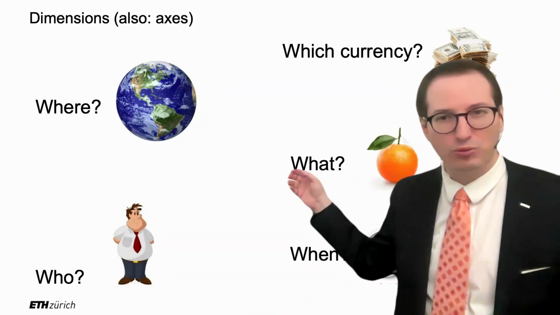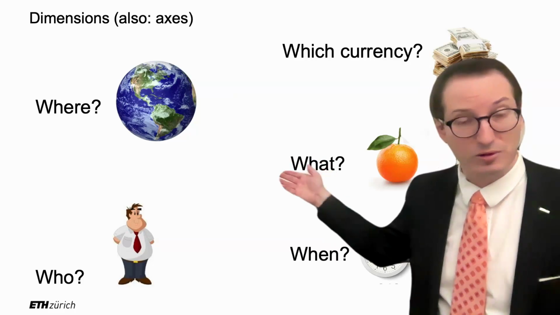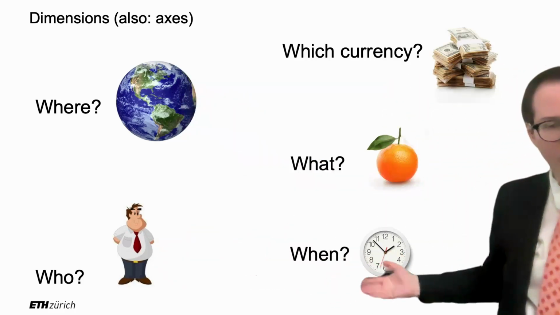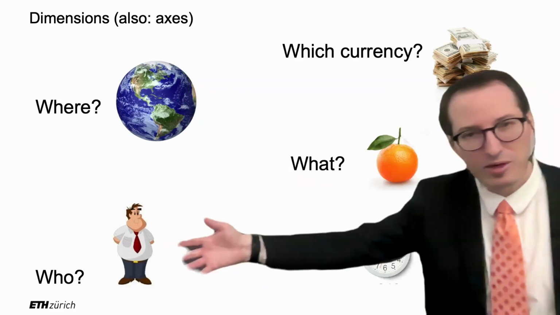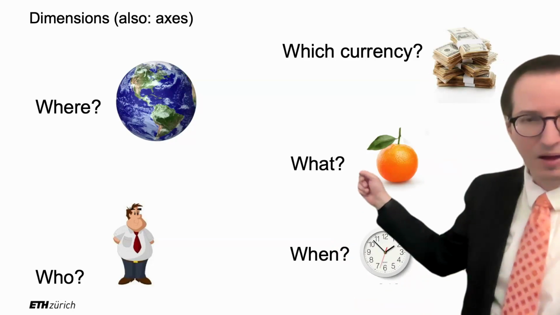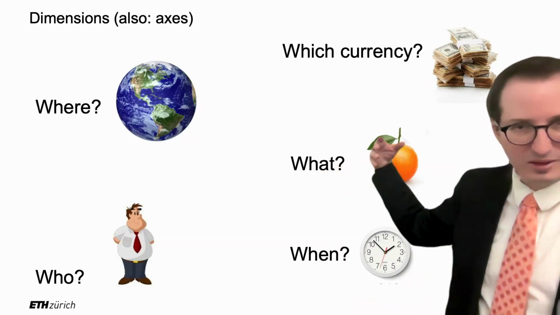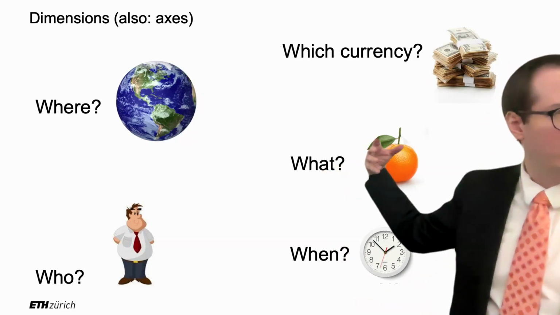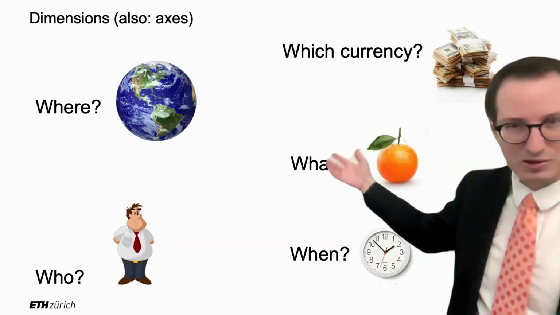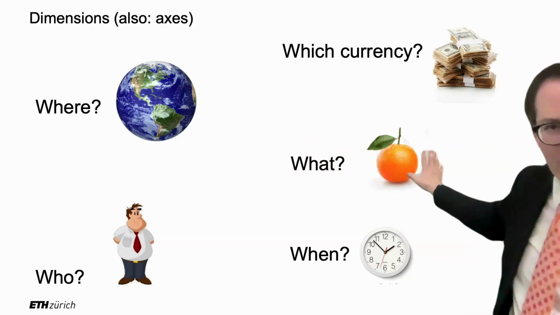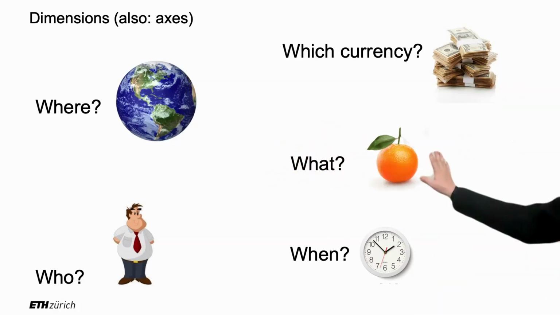Or you might want to see the Umsatz, the revenues for Switzerland 2023 for a specific team. Or you want to see the profit, or you want to see in the balance sheet the assets, current assets, non-current assets, and so on, right? So this also is what we mean with what.